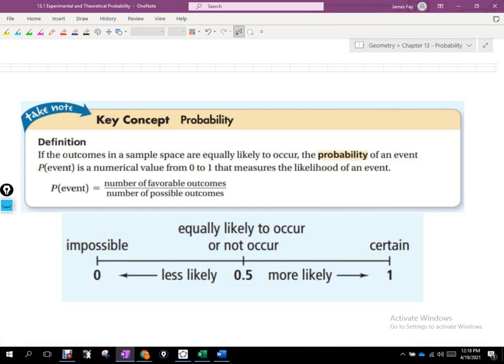Here's a scale that shows you what is going to happen based on our probability. If we're at 50% or 0.5, that means it's equally likely to occur or not occur. If I flip a coin and say it's going to land heads, there's a 50% chance that it occurs and a 50% chance that it doesn't, so they're equally likely events.